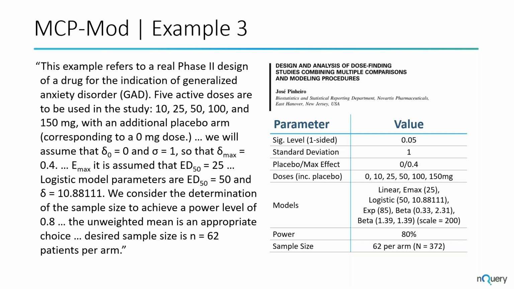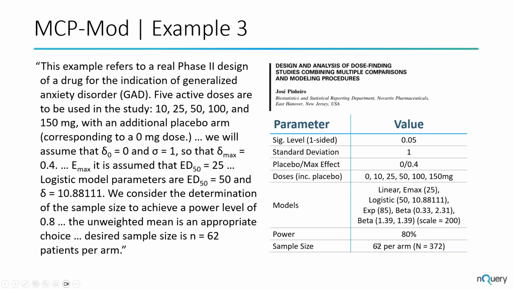There are also 6 candidate models: linear, Emax, logistic, exponential, and 2 different beta models. You can just see those and their parameters listed here. And again, as with the other examples, there's a table of all the information summarized here as well.